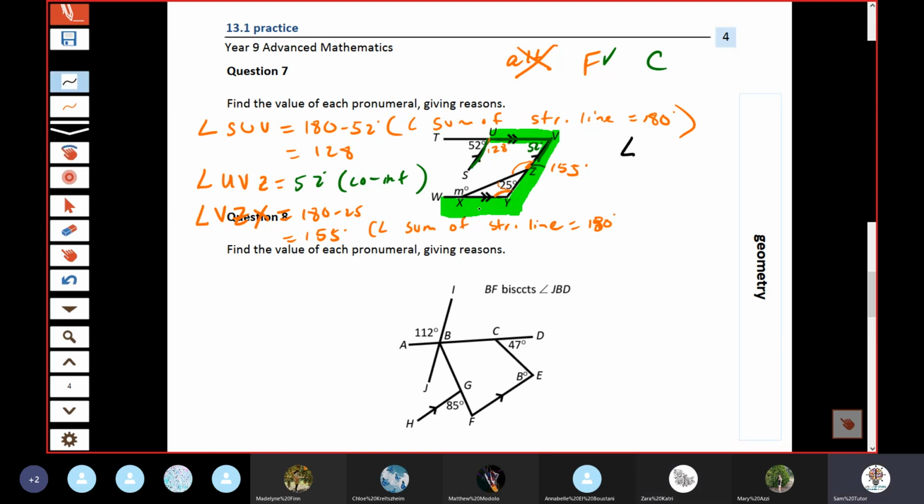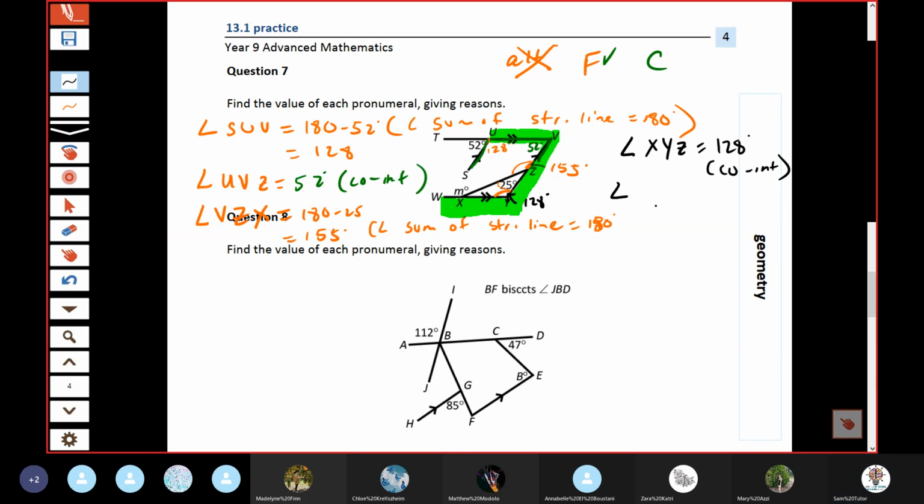Angle XYZ equals 128. What's your reason? As you said, co-interior. We're very close. This one in here is 128.